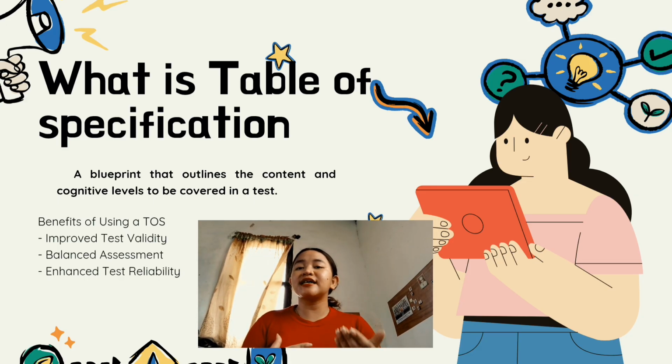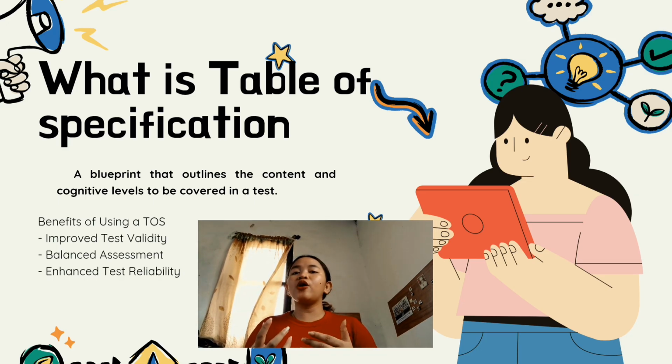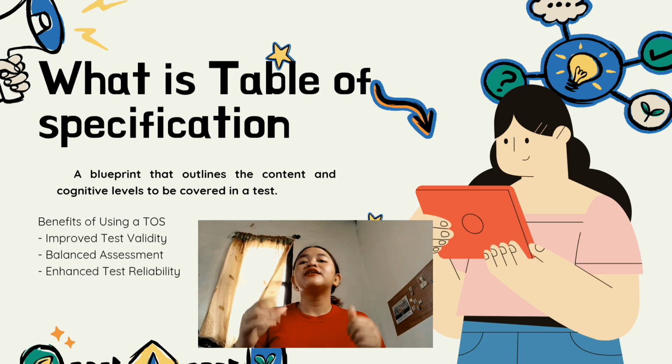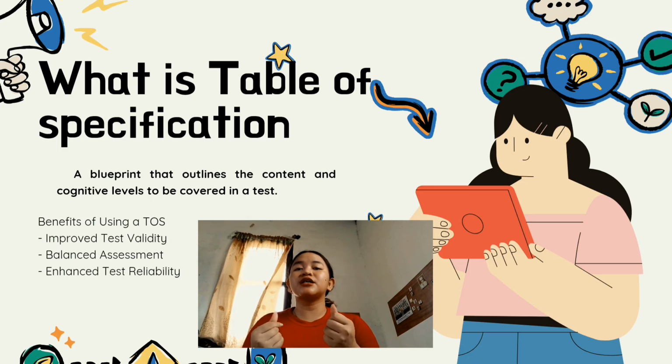In the balanced assessment, we distribute questions across different cognitive levels and also prevent overemphasis on specific topics, while we also have enhanced test reliability. It also provides a consistent framework for test construction and reduces subjectivity in assessment.